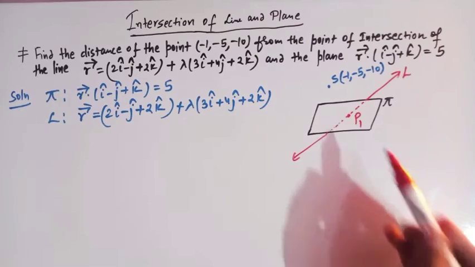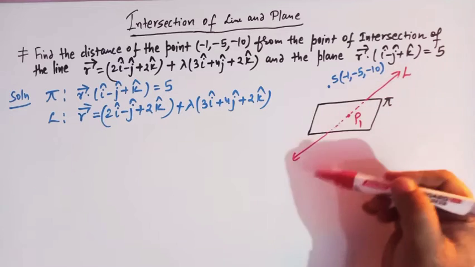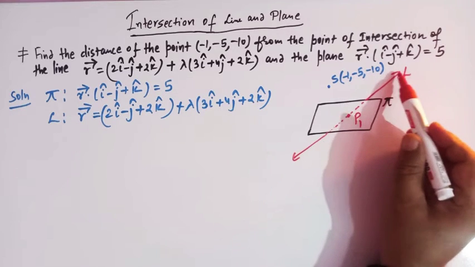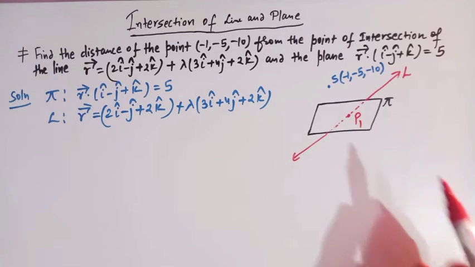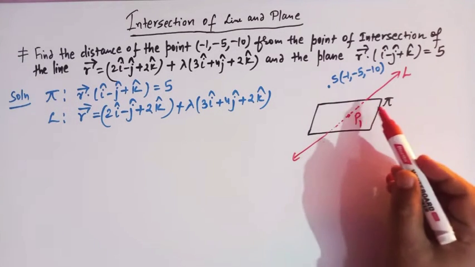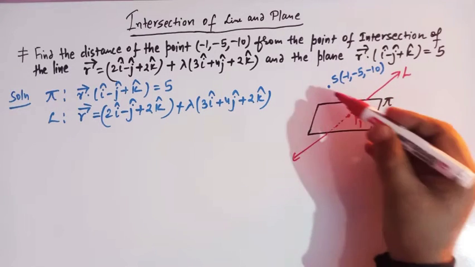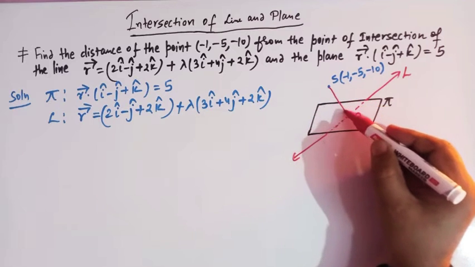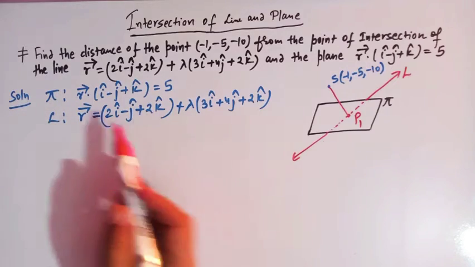So here we have the plane pi and the line L, and first we'll find the point of intersection of this line L and the plane pi, and then we'll find the distance of the point P1 from this point S, right? So this will be the distance between the point S and P1. Let us first convert the equation of the plane pi and the line L into Cartesian form.